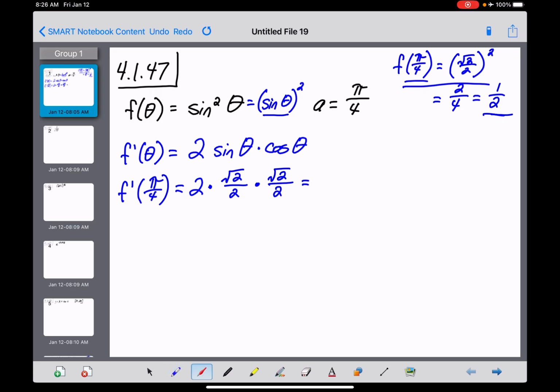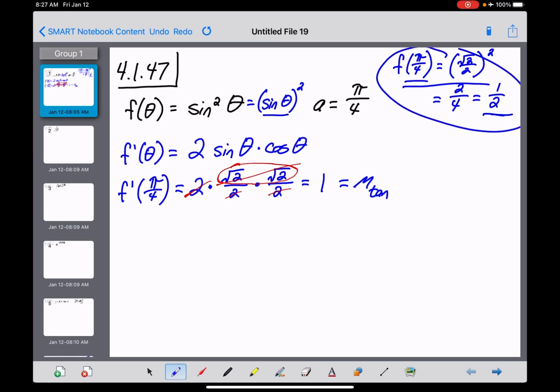So what does that do for us, guys? This is actually kind of cool. 2 on the top, 2 on the bottom cancel. Root 2 times root 2 in the numerator makes 2, and that 2 cancels with that 2. And when everything cancels out, we just get a 1 left over. So the slope of our tangent is positive 1.